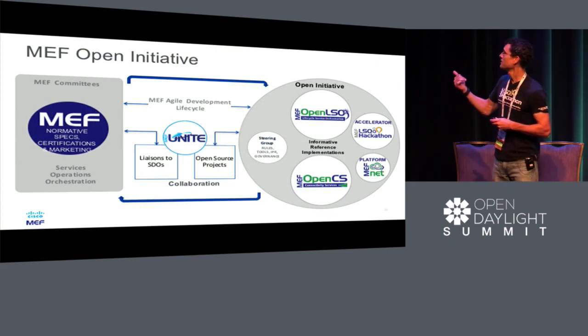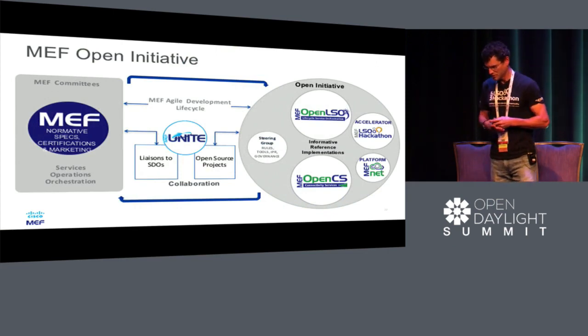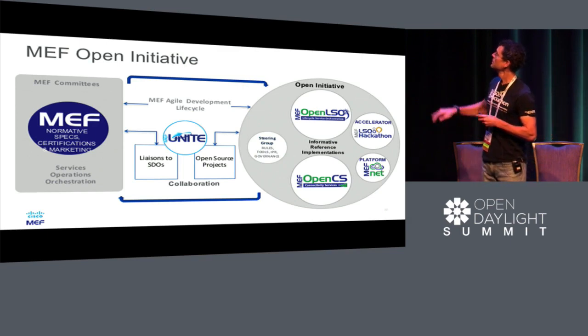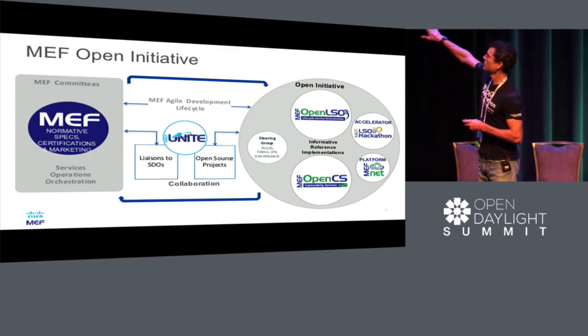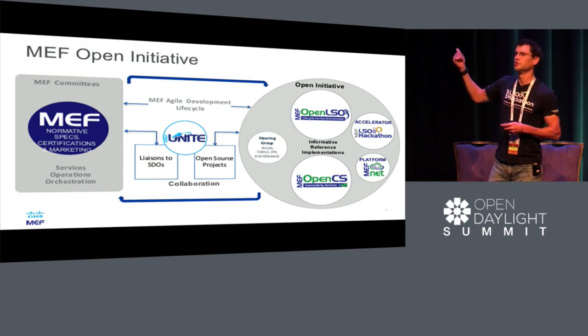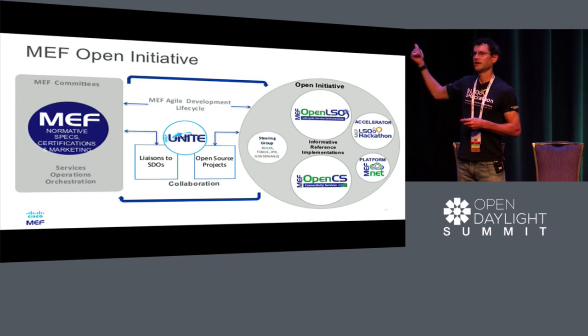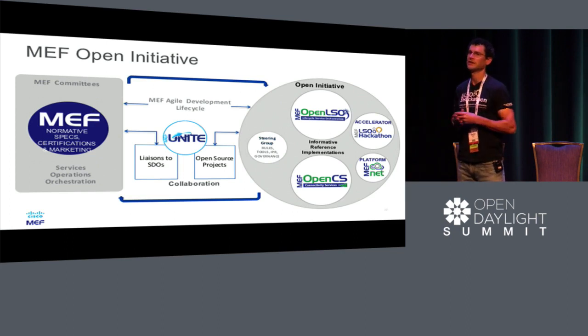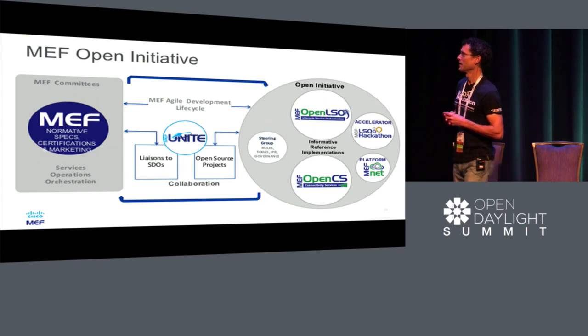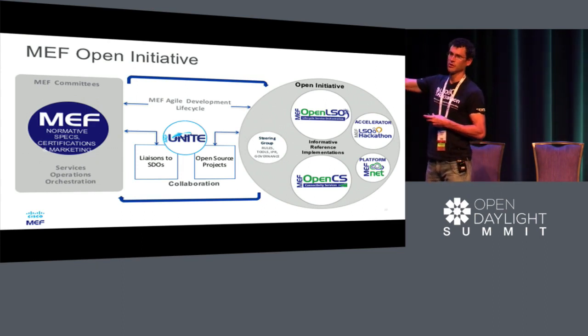Now, you actually saw this slide from Pascal, so I won't go into it in too much detail, but what I did want to point out to you is this whole open initiative thing, this part on the right-hand side, that's new, right? And it's a lot of stuff, but a year ago, this didn't exist. So you're seeing big change within MEF. As you heard earlier, MEF has always been great with standards.